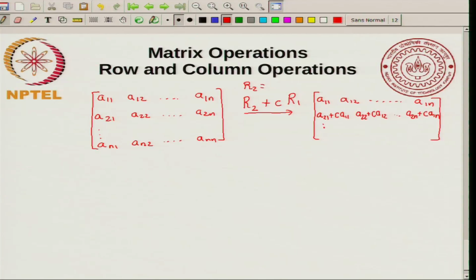All the other elements remain unchanged, so only row 2 is changed by this operation. This is called a row operation. You can multiply by any constant, you can subtract, and you can add two different rows, so you take linear combinations of rows.